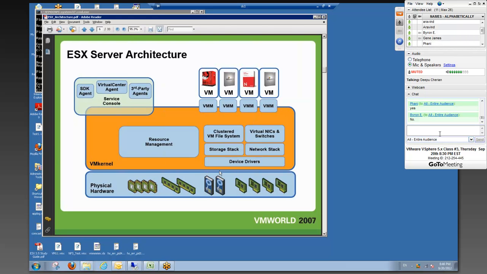These four things are called the core resources.